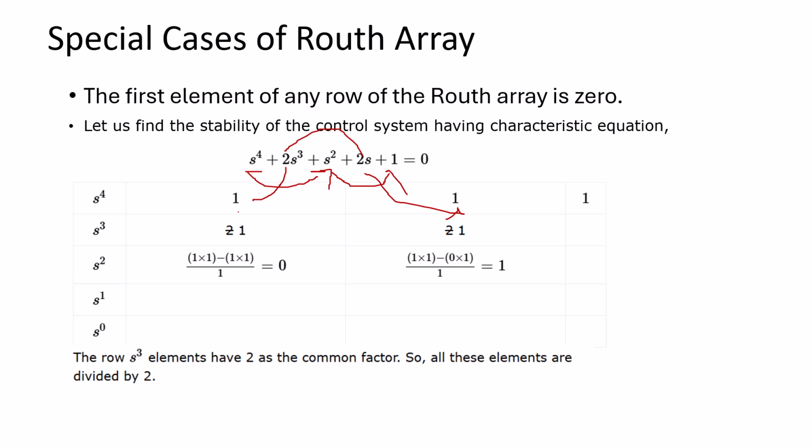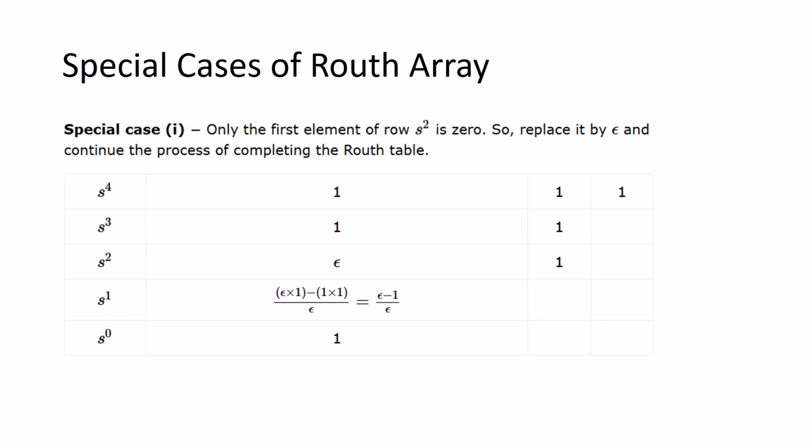Now in this row we are getting a 0. What we will do is replace it by an element known as xi, which is very small. So in place of 0 we now have xi. Now we can calculate the element in the row of s.